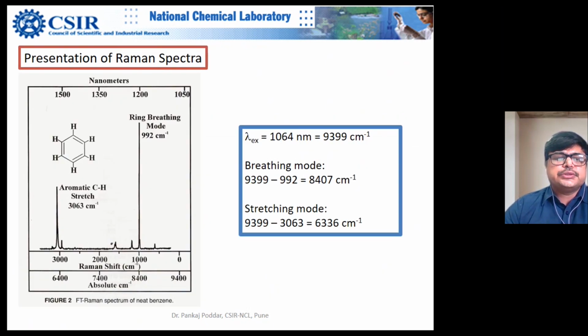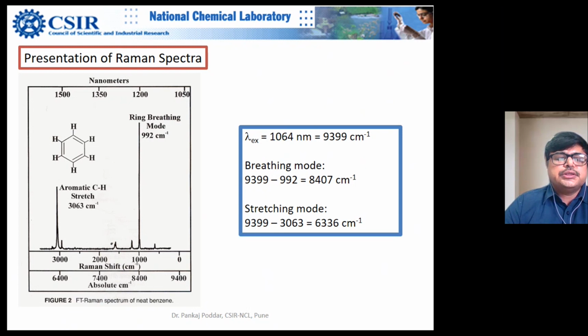Finally, you don't really present the anti-Stokes lines. This is how you typically present the Raman shift, on the x scale. It is a convention that you plot it in centimeter inverse.